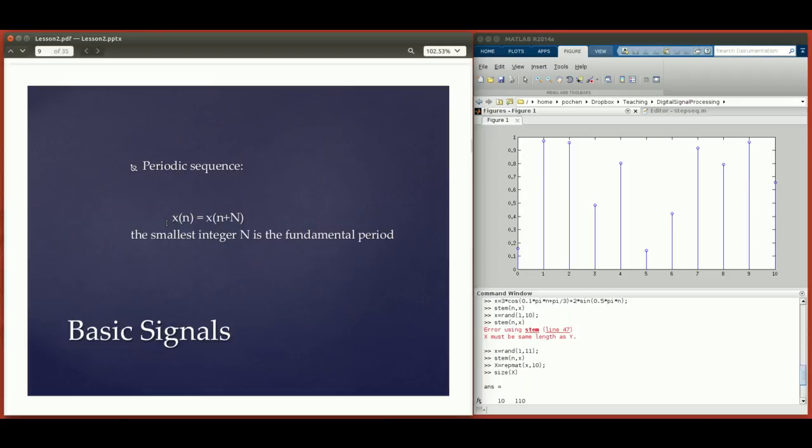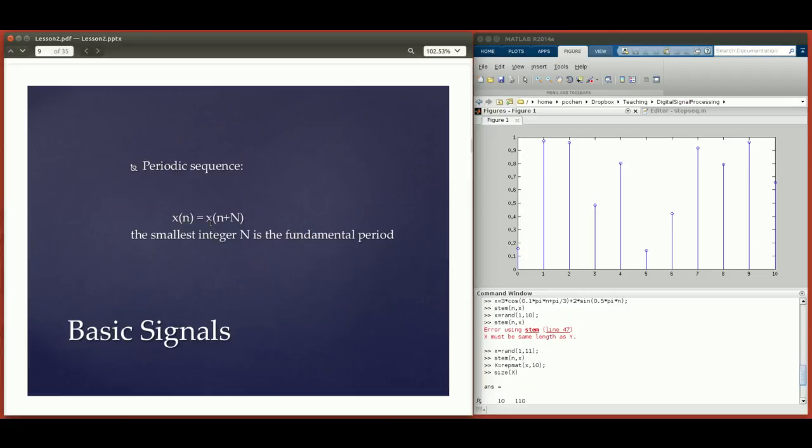If you take small n to be, for example, 1, and big N to be 10, then x[1] is going to equal x[1 plus 10], which is x[11]. Now suppose you pick n equals 11, right?